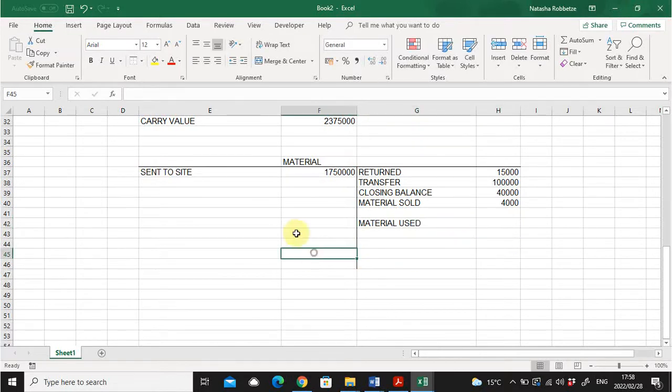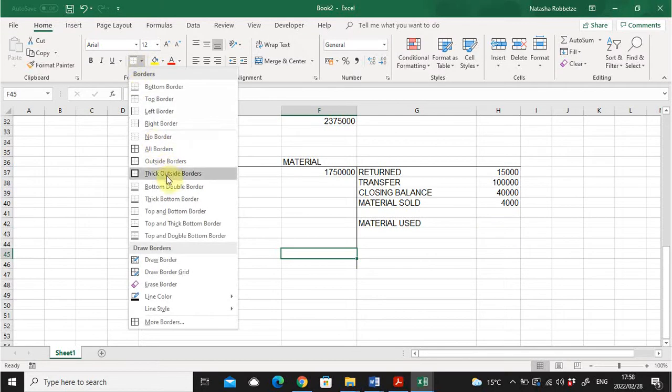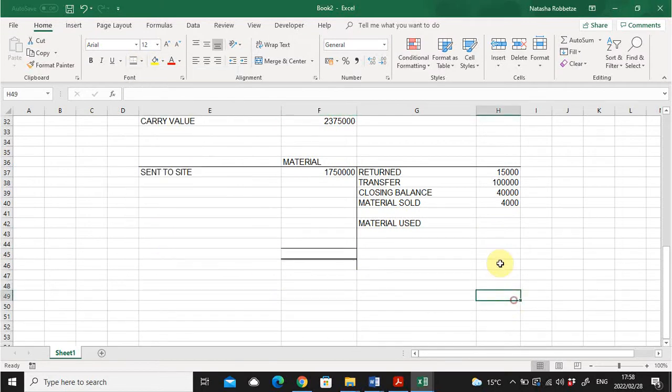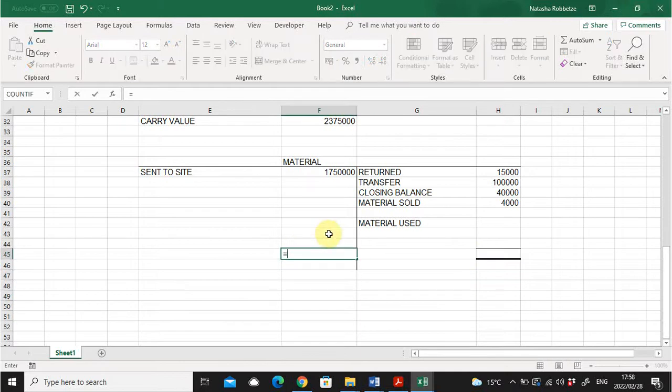So let's see. It needs to balance on this amount on the left-hand side. So I'm going to say that equals this and that equals this. Then we need to go and calculate the material used as a balancing figure.